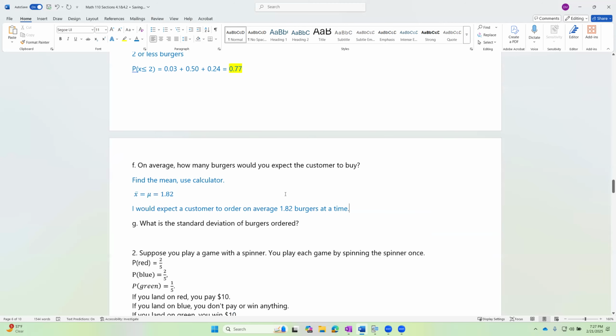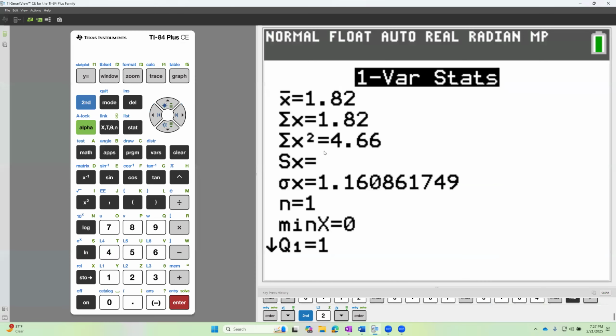Okay, so now what is the standard deviation of burgers ordered? Let's go ahead and look at that. Notice here we don't have a sample standard deviation. That's because in a probability distribution, we don't have a sample, it's all population. That's why we use mu, because that means population. So here we have a population standard deviation, and that is 1.16.